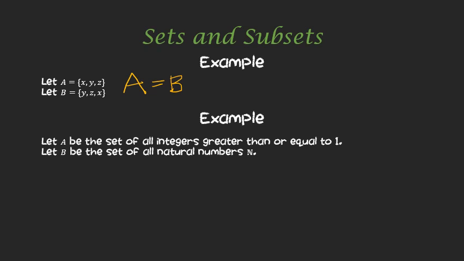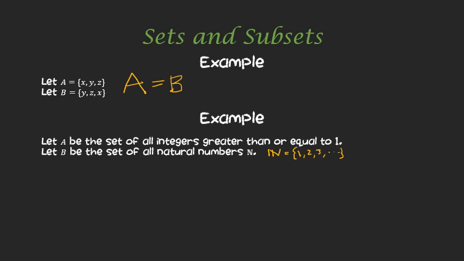N, boldface N, is this set. We'll define it using an ellipsis: 1, 2, 3, and so on. It's an infinite set because it never ends. And this ellipsis just means continue the pattern that's been established.